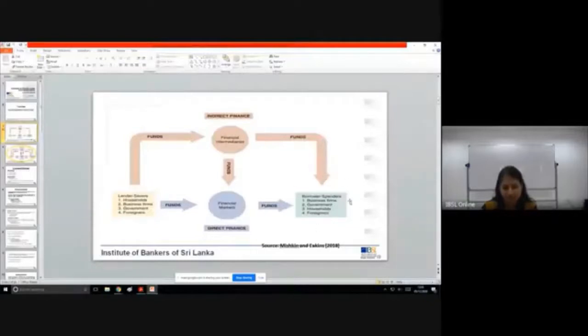The deficit unit needs funds, so they have to issue a financial instrument to the surplus unit. Then only the surplus unit will pass the funds to them. Correct? So for them to structure this financial instrument and sell it to the excess unit, the investment intermediary will intervene.